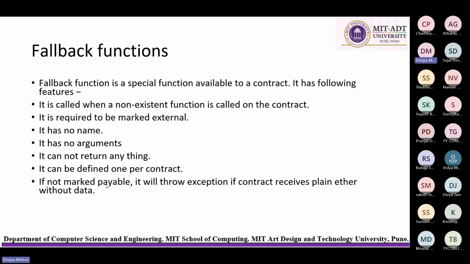If it is not marked as payable, it will throw an exception if the contract is receiving plain ethers without any data. With fallback functions, you can send ethers as well as some data also. So these are the properties of fallback functions: no name, no argument, does not return anything, and one fallback function can be written per contract.